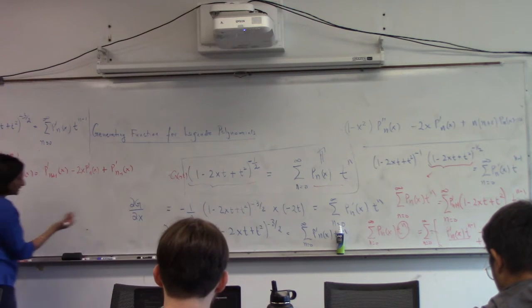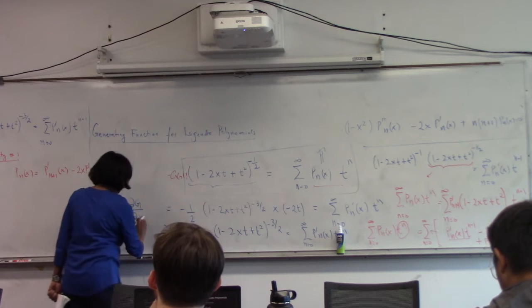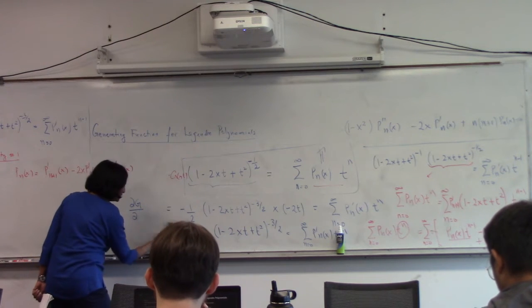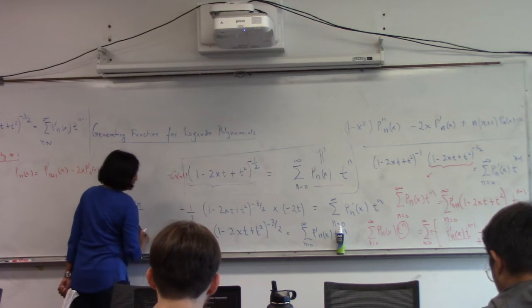So let's look at the other thing that I can do. I got something like this. Let me take the partial of g with respect to t.